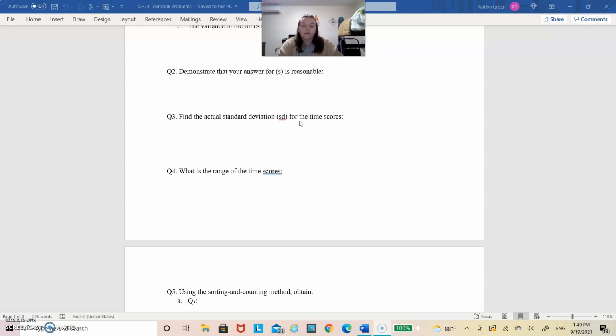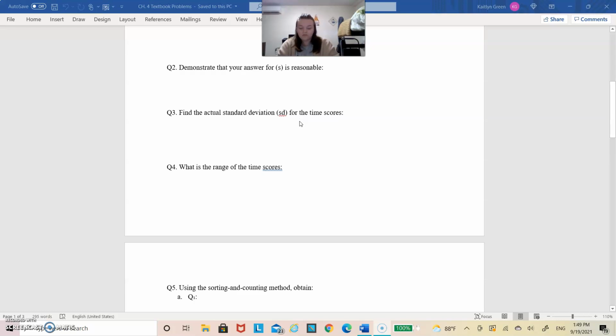And so we took 5,872.95 divided by 20 and then found the square root of that number, to which we get 17.4.